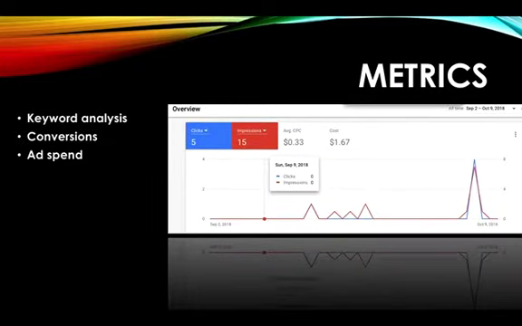Metrics. After connecting my Google Analytics and Google Ads accounts, I was able to gather metrics about the progress of my ad campaigns. Through keyword analysis, I was able to understand the better use of keywords that Google would recommend to help improve my results for impressions on the website.